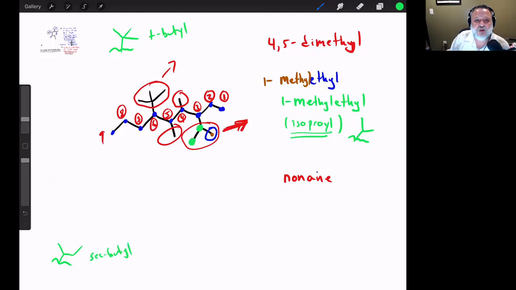You can look up common alkyl substituent names in your book and try to be familiar with them, because out there, another chemist, it is pretty common to use these names. However, for me personally, I'm always going to refer to the systematic name, because it's just going to reinforce the ideas of how we name these compounds.